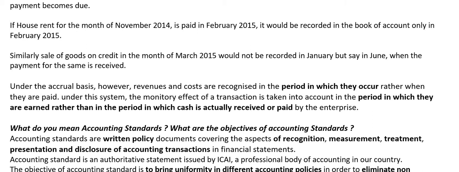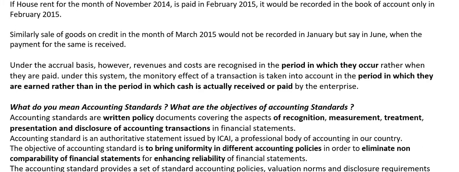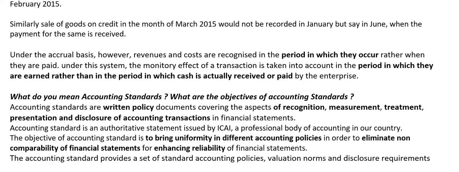What is the meaning of accounting standard and what are its objectives? Accounting standards are a written policy document covering all aspects of recognition, measurement, treatment, presentation and disclosure of accounting transactions. Once again, I am repeating: standard means a standard procedure, a standard document or a benchmark. It is a written policy covering recognition, measurement, treatment, presentation and disclosure of accounting transactions.